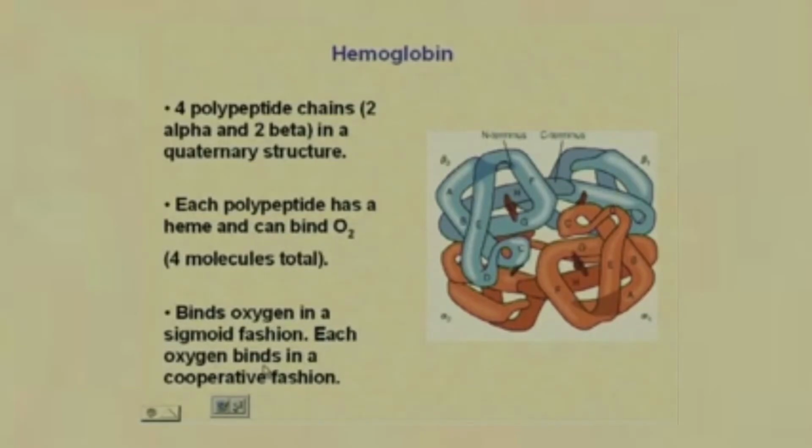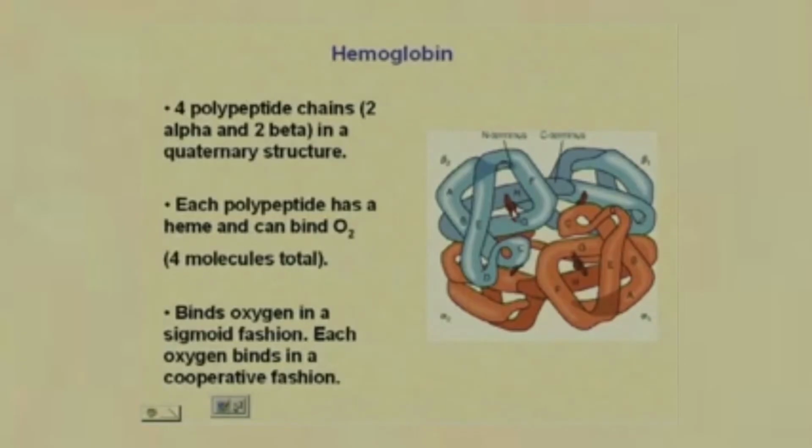This is what I mentioned in one of the earlier classes: now you recognize that these hemes are going to bind an oxygen each. As soon as one heme binds an oxygen, it facilitates the binding of oxygen to the other hemes, which is what is meant by cooperativity. Okay?